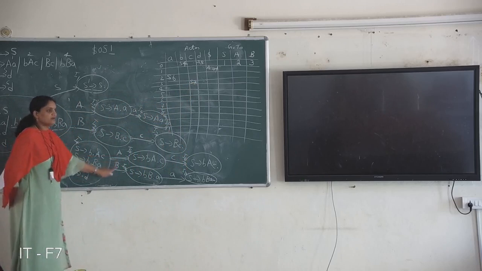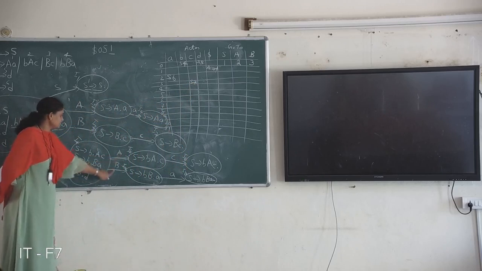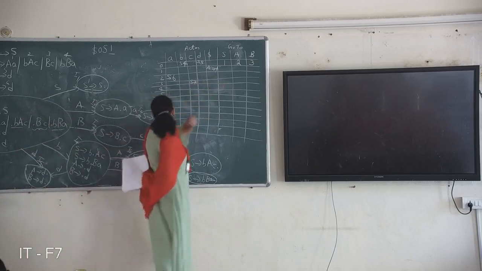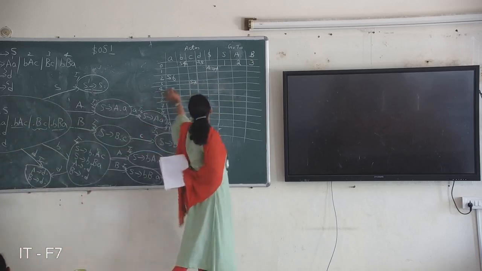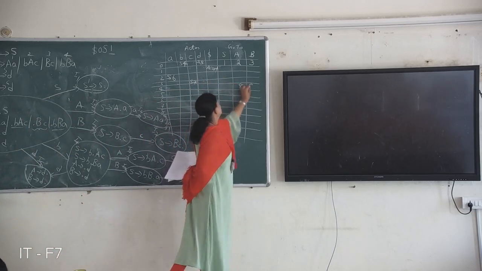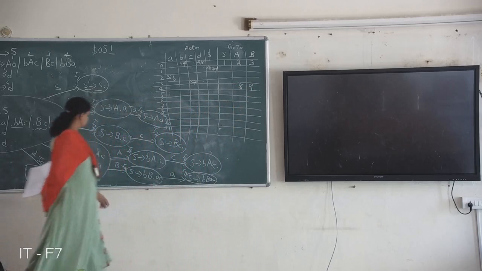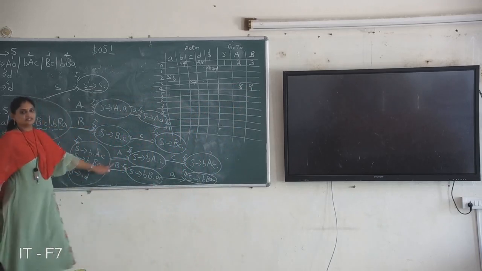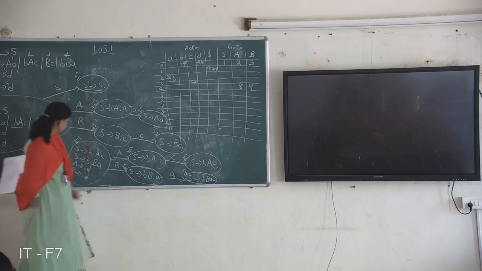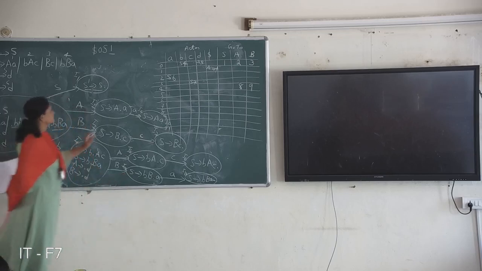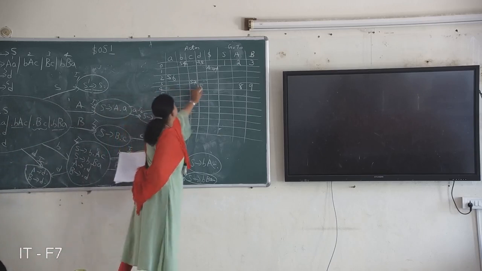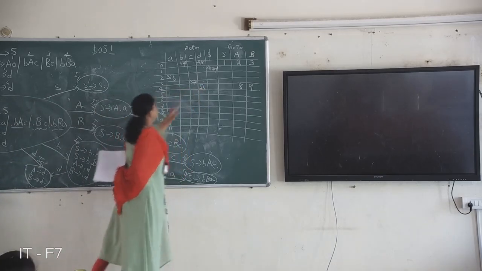In I4, transitions are performed on non-terminals A and B. 4 on A goes to state 8 and on B to state 9. If it is a non-terminal, you can just write the state numbers. And on d, shift action, yes, S5.